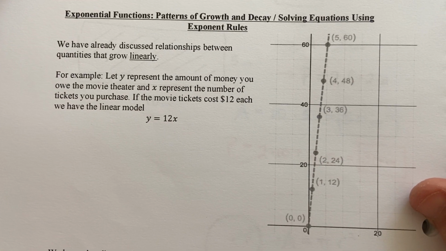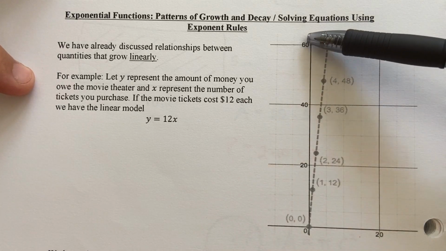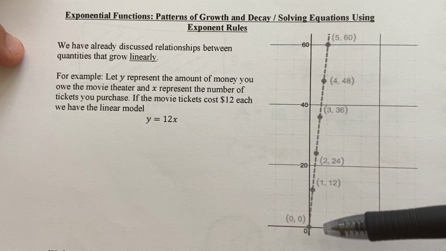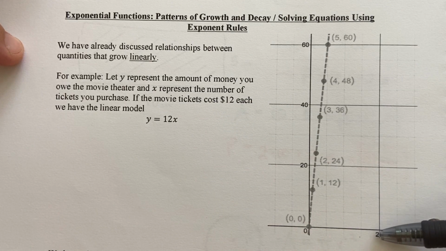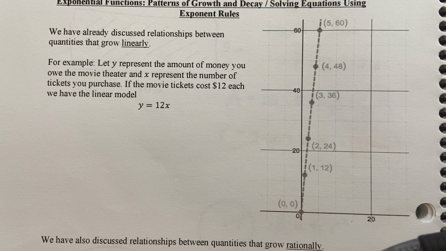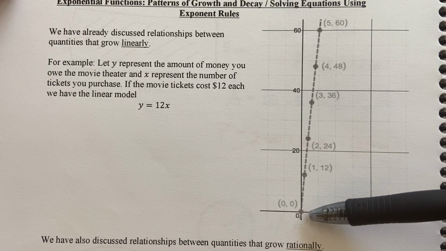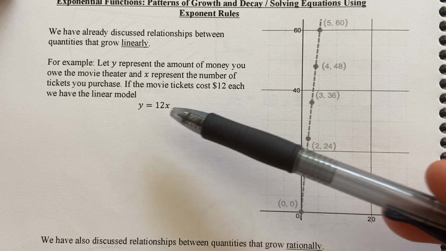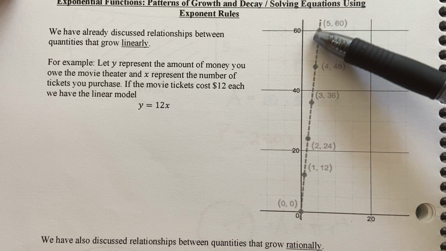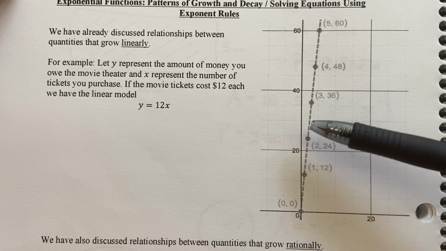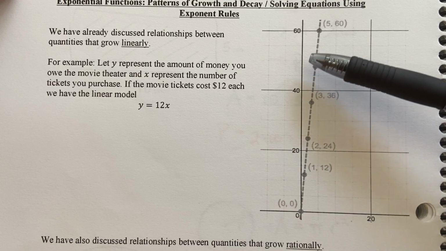For an example of this, if you let y represent the amount of money you owe the movie theater and let x represent the number of tickets you purchase, then the relationship between the amount you owe y and the number of tickets you bought x would be a linear model. For every new ticket you purchase, you get this similar jump in money.